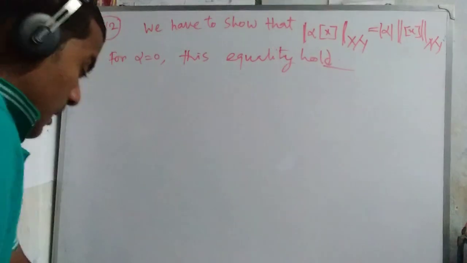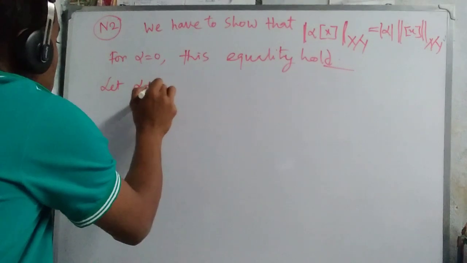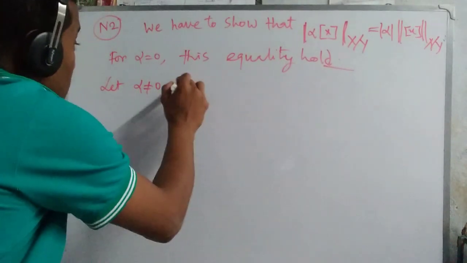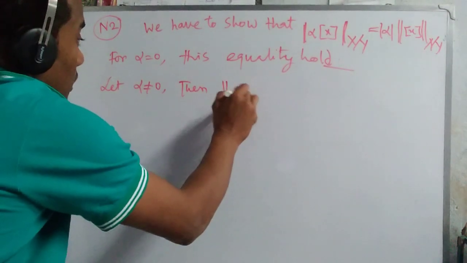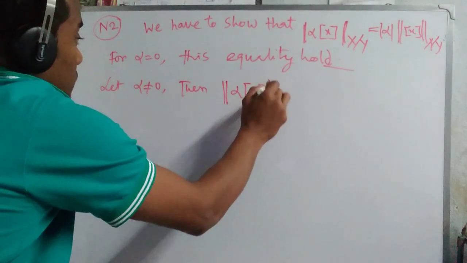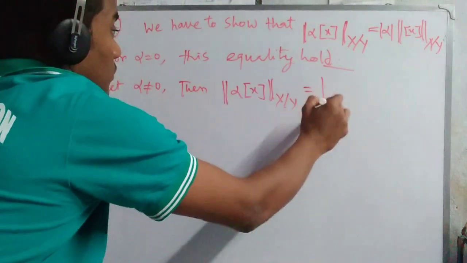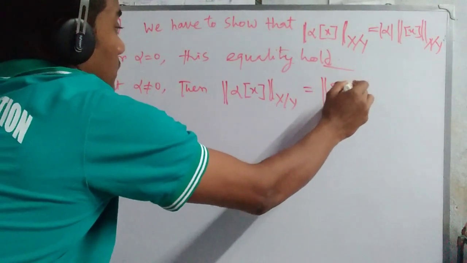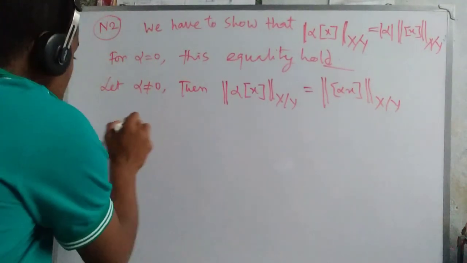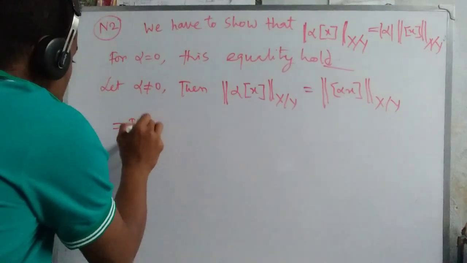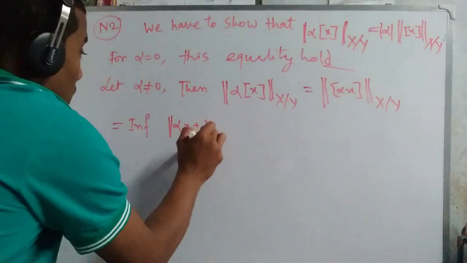Okay, let alpha not equal to 0. Then what happened? Then norm of alpha x quotient y equal to norm of alpha x quotient y equal to infimum of alpha x plus y.